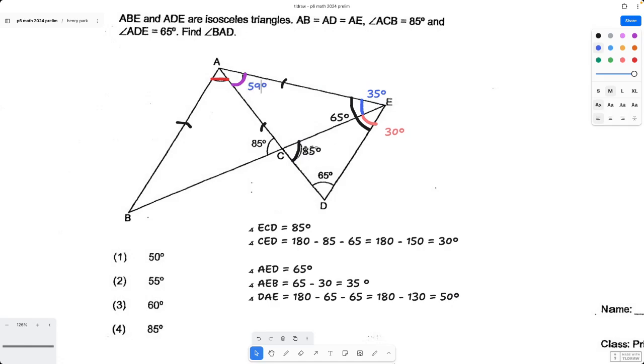Okay, all right. And since we know that this is also 35 degrees, then we can find BAD, right? So over here, angle BAD is equal to 180 minus 35 minus 35 minus 50.